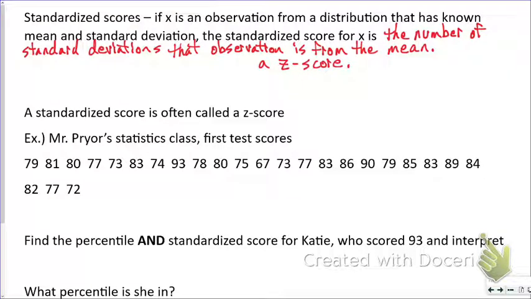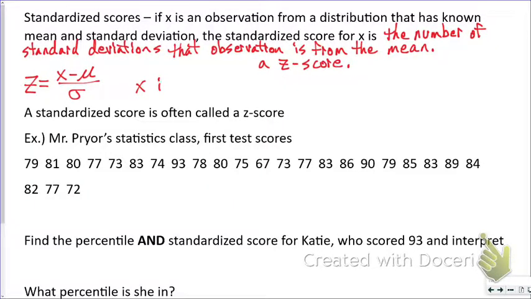When we calculate that, it's a really simple calculation. We're going to use mu for the population mean and sigma for the population standard deviation. And we'll say z equals x minus mu over sigma. Find the difference. How far away is the observation?